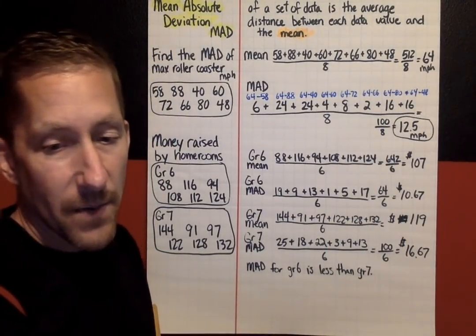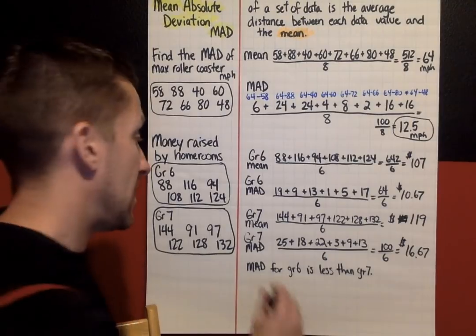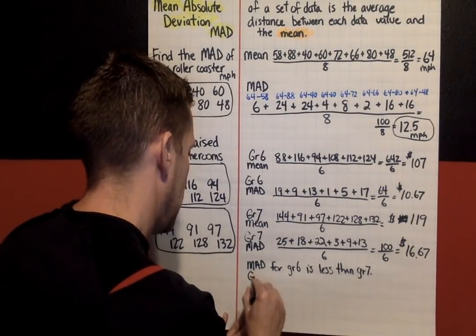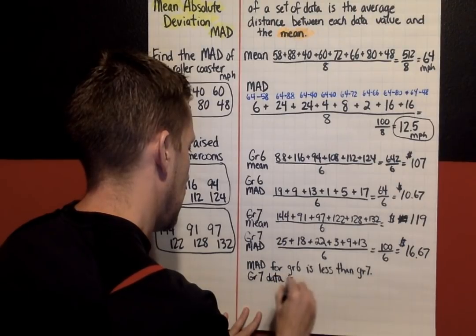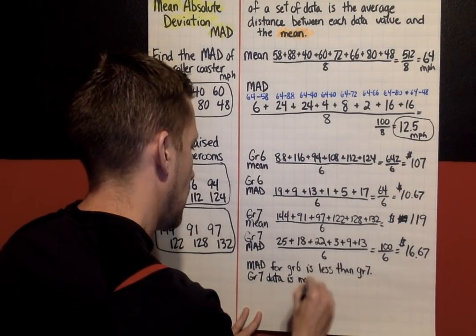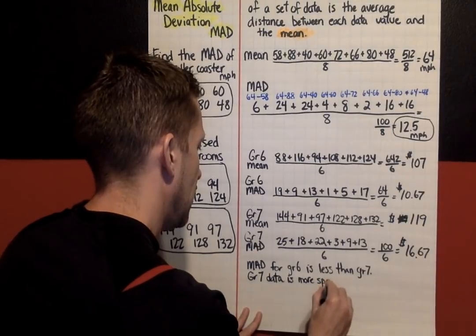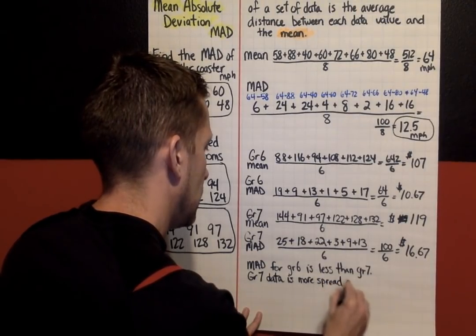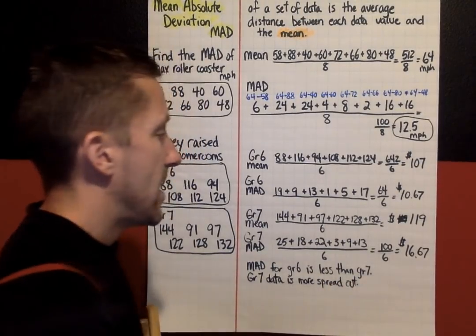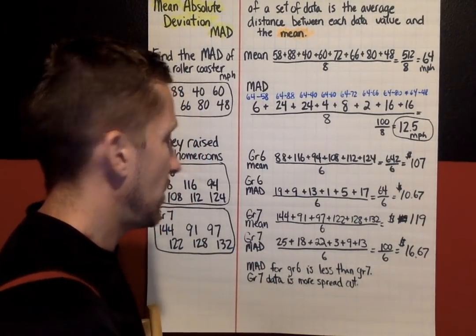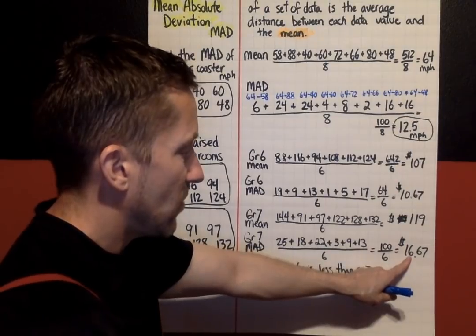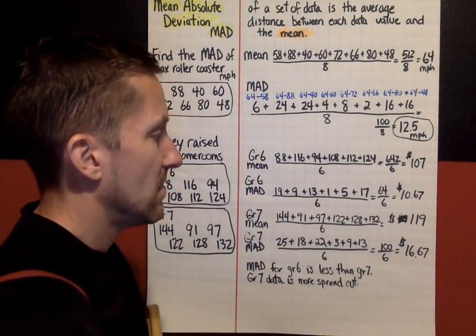So that's another thing we could say is that the grade 7 data is more spread out. And this number tells us that on average the data is this far away from the mean.